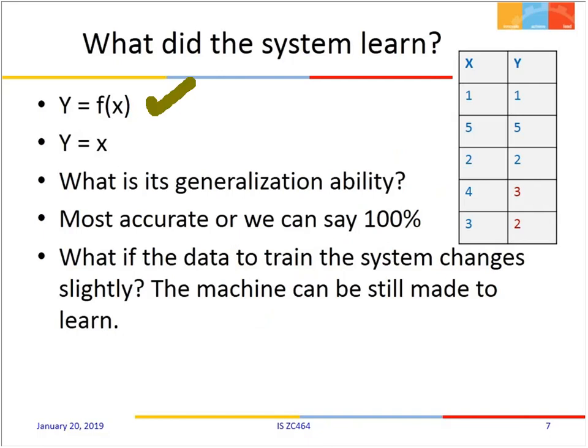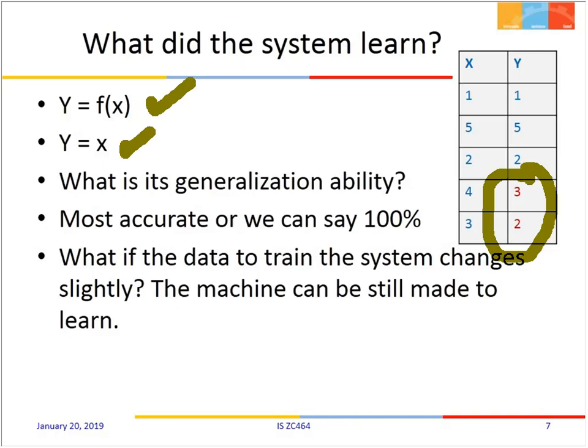So when y is f(x), y equals x, that is what we developed. Now, if we have a slightly different data set where corresponding to x equals 4, I am not having the value of y as 4, rather I am having y as 3.